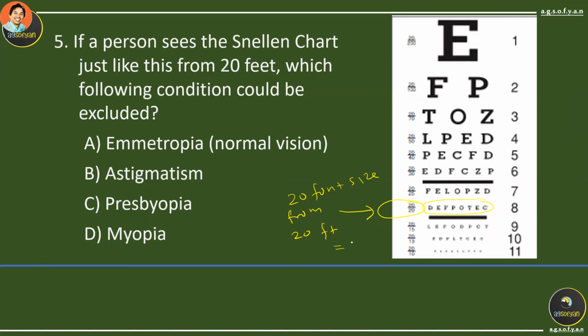It is called 20/20 vision, which is normal eyes. So if you're able to see this, then you have normal eyes, which is here.